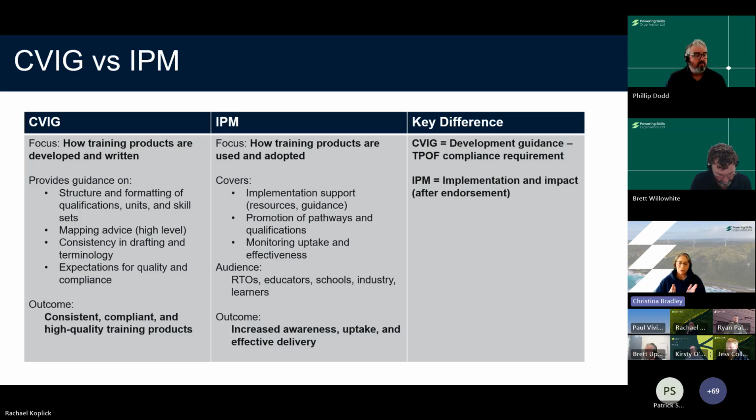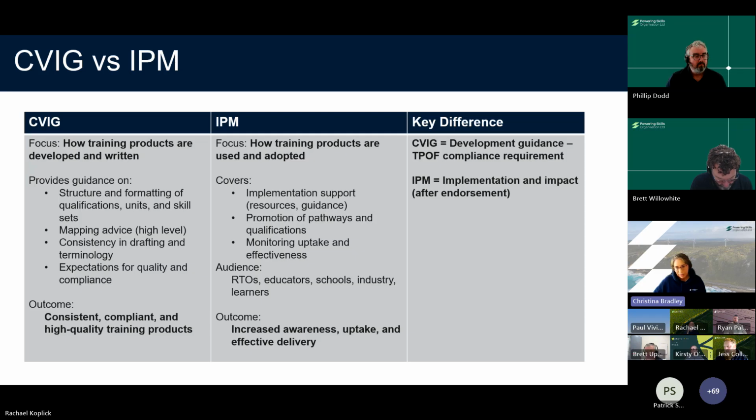And because we also look after UET, PNG, they're all written differently, believe it or not, which we've inherited. So we will be essentially rewriting the CVIG and then using that template to support all of our other training products when we go through this full review with them as well.